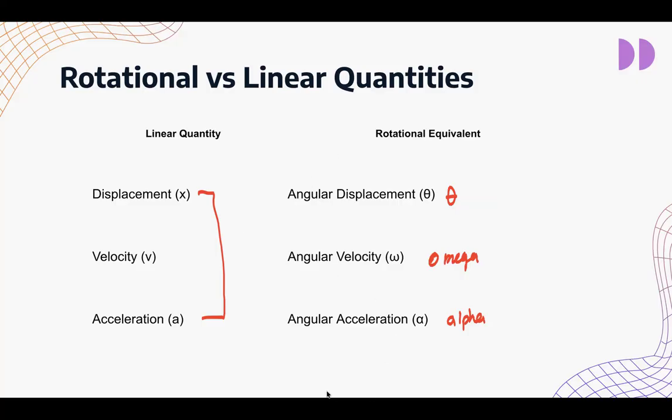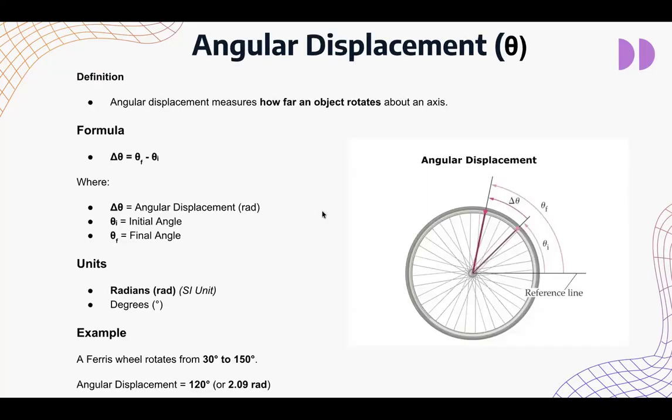But when you look at the next slides, these symbols look a lot more complicated than these ones, but it's basically the same thing. If you look at angular displacement, it's just how much area is covered, correct?